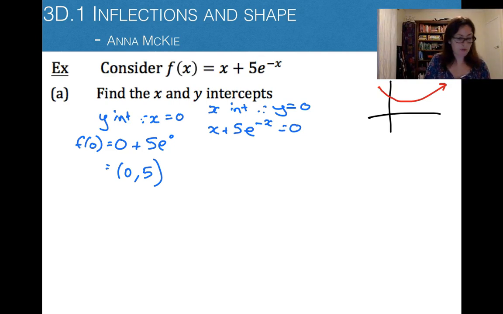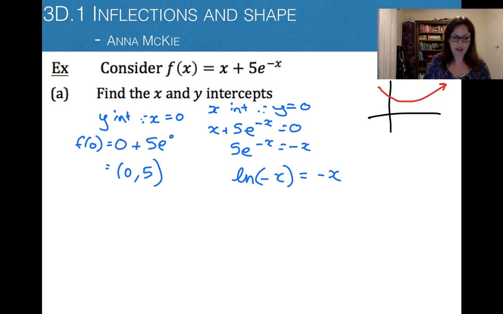We rearrange that to get 5e to the negative x is equal to negative x. Now, you might be having a think, when does that happen? If you were to imagine rewriting that with logs, you might be wondering, when is this ever true?